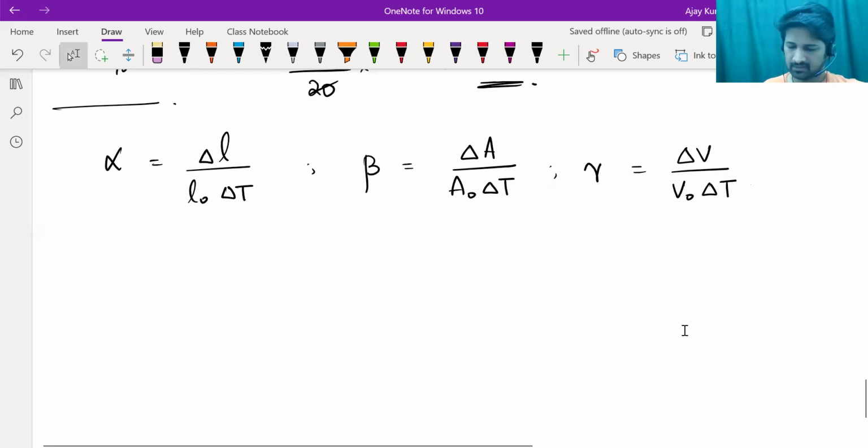Now, how do we relate these? To find out beta, you need to know what is the relative change in area. Area is a product of two lengths: length into breadth, or if you take a circle, pi r square, radius multiplied with radius.